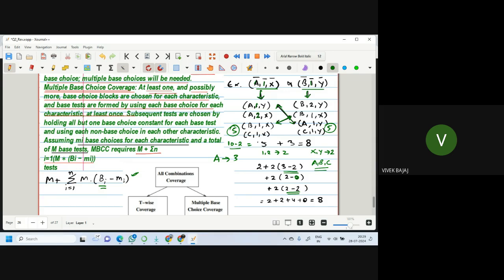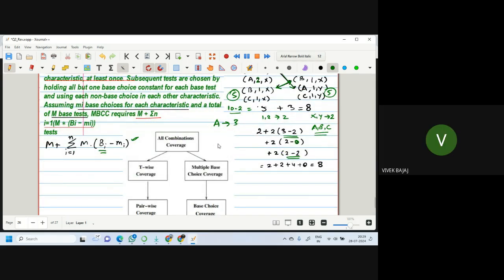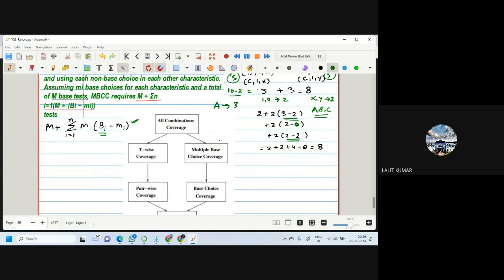I'm not clear how it applies with the formula here. See, I'm getting this 2 into the... So the first block formula is 3. 2 plus summation 2 into, plus 2 into, plus 2 into 3, minus 2 minus 2 minus.